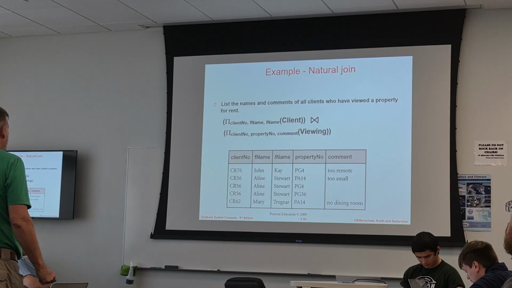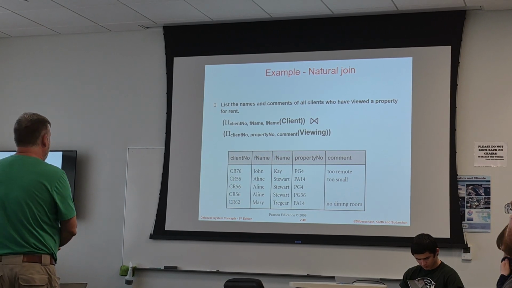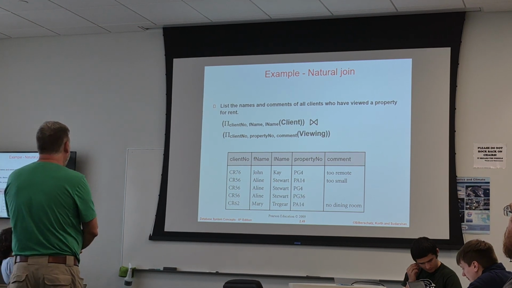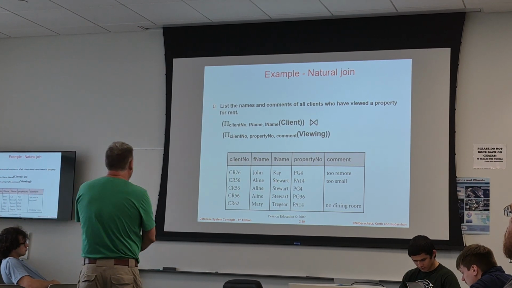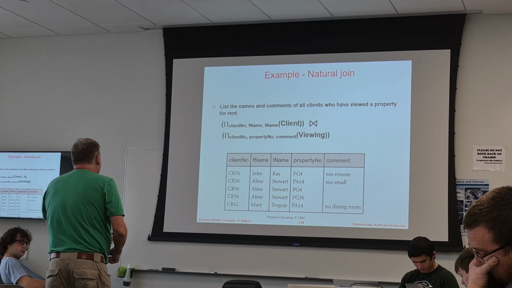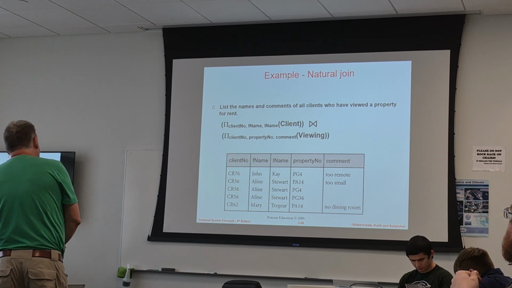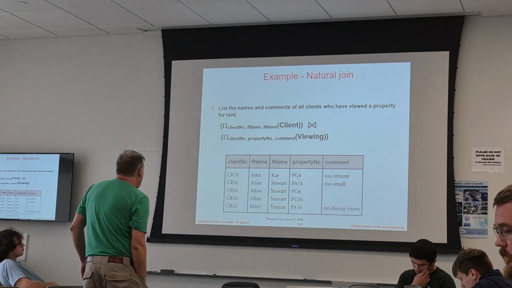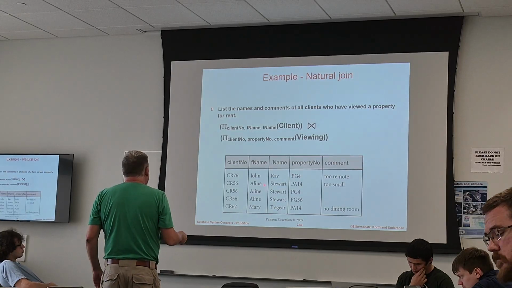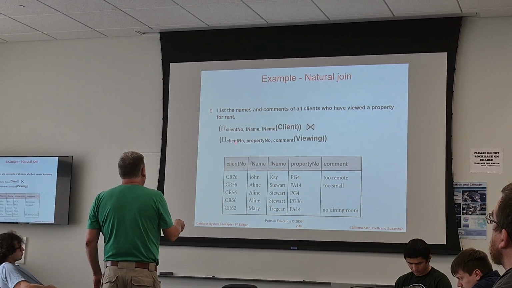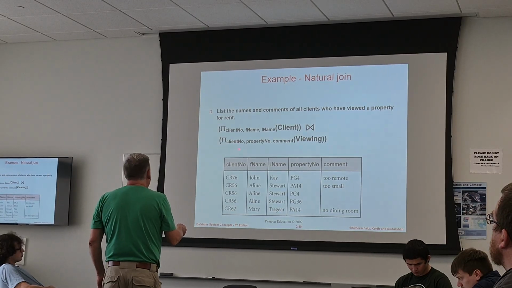And so if we're doing a natural join within our real estate world, we're going to grab out from the client table client IDs and first names and last names, and we're going to combine all of those rows with all of the client IDs and property numbers and comments from the viewing table, but we are only going to show the rows where in those combinations the common field names are the same, and there's only one common field name here.